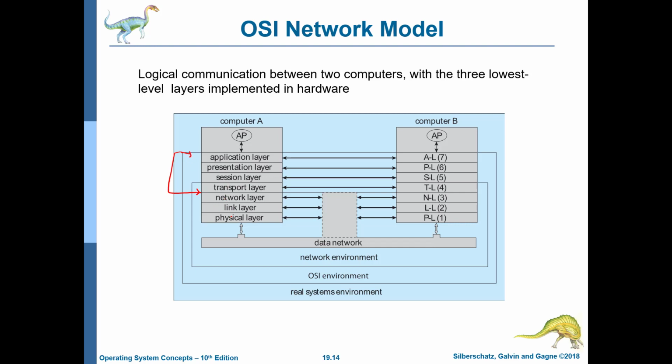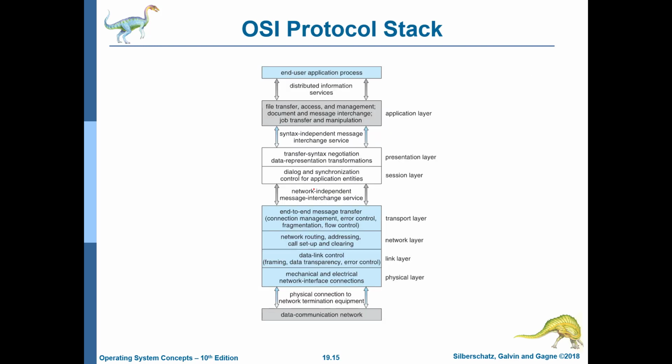But the network layer, link layer, and physical layer are almost always implemented in hardware, and they directly interact with the network and send data. Of course, the rest of the layers have their role to play in a software environment.